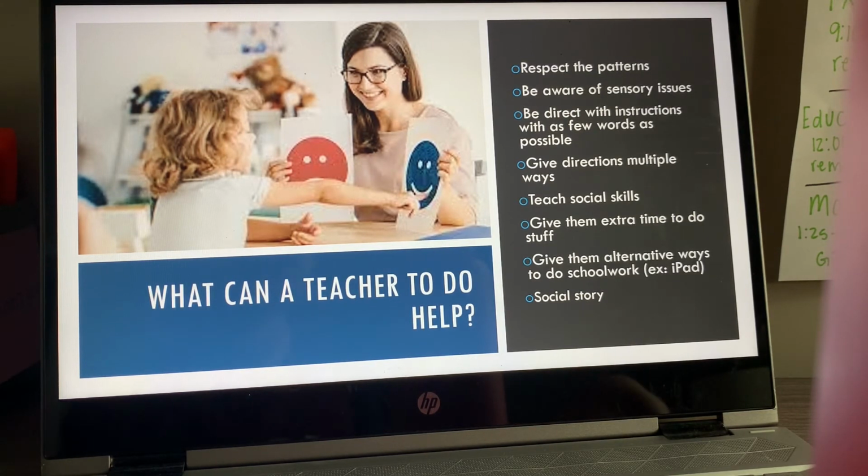Another big thing is to be aware of sensory issues. Children with ASD tend to not like loud noises. So if y'all are going to the gym or recess or something, maybe even music class that have loud noises, it's best to give them maybe earmuffs or pull them out completely, even though we want students to be in with all the other students at all times, but we just have to do what is best for them.